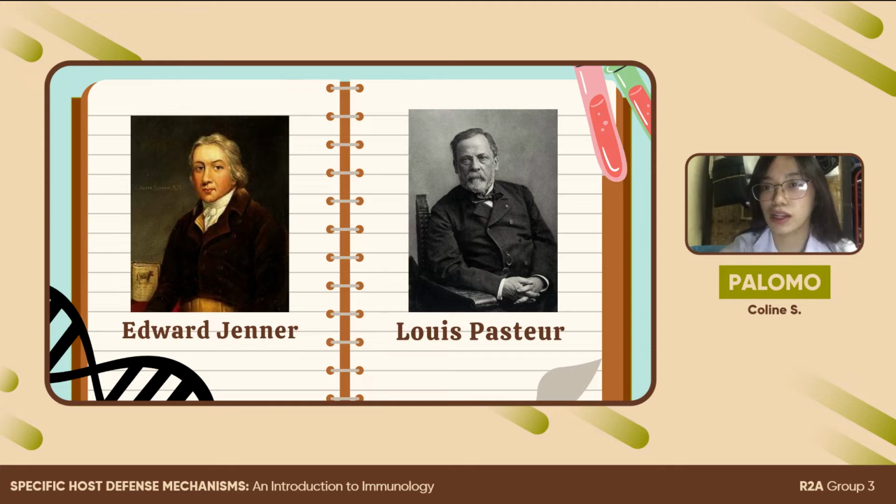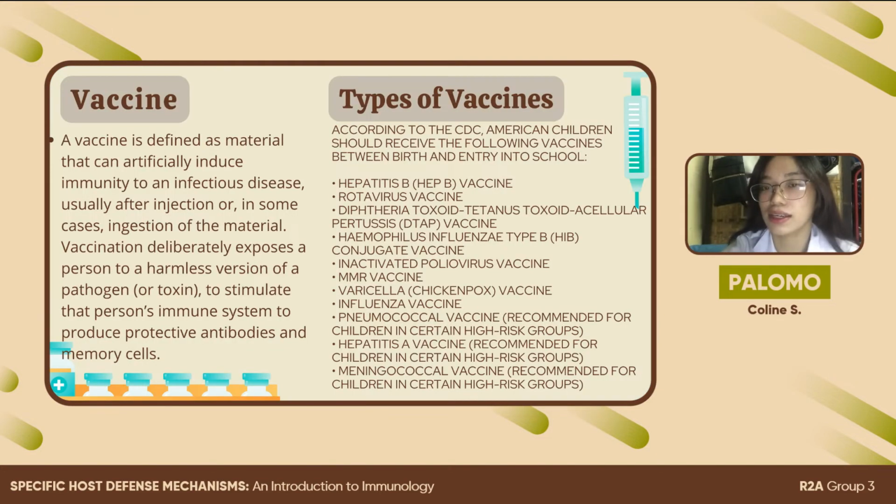Louis Pasteur developed successful vaccinations to prevent cholera in chickens, anthrax in sheep and cattle, and rabies in canines in the late 1800s. Pasteur was the one who initially used the phrases vaccination and vaccine. A vaccine is defined as material that can artificially induce immunity to an infectious disease, usually after injection or, in some cases, ingestion.